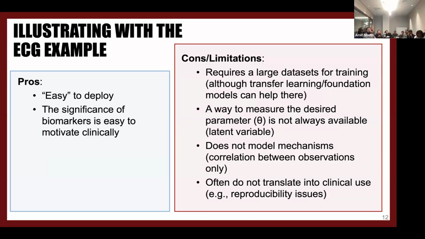Other limitations: if you want to use that, you have to have a way to measure the desired parameter, so the theta, and it's not always available. In that case, it's a temporal thing, right? I may not be able to evaluate it now, but I can build that data set because I can just wait for the kids to age, do a proper diagnosis, and then I retrospectively have that data set.